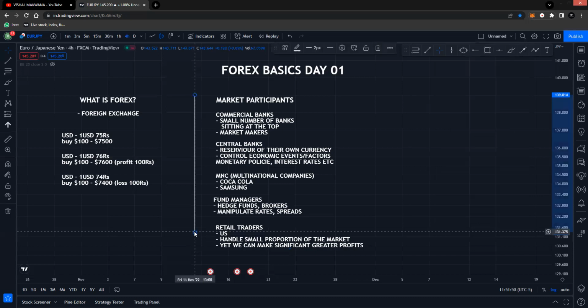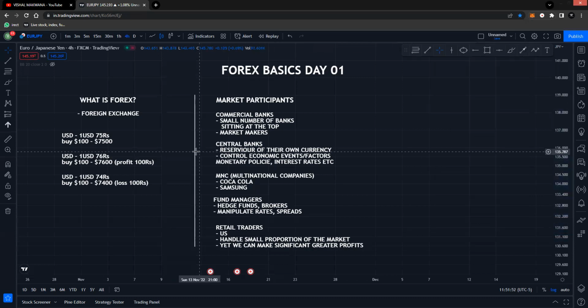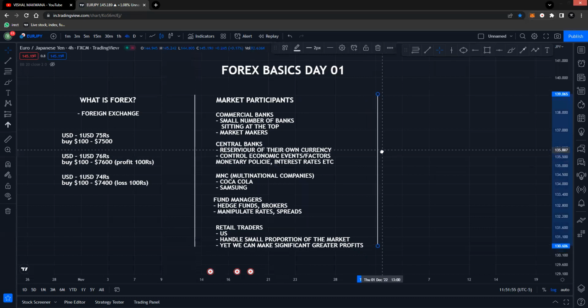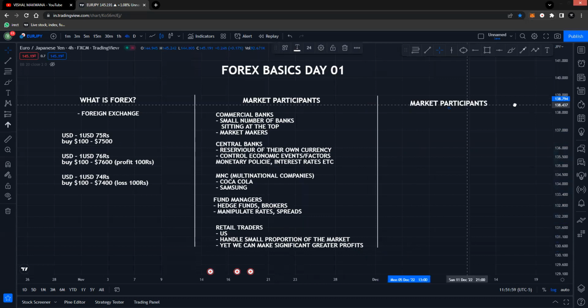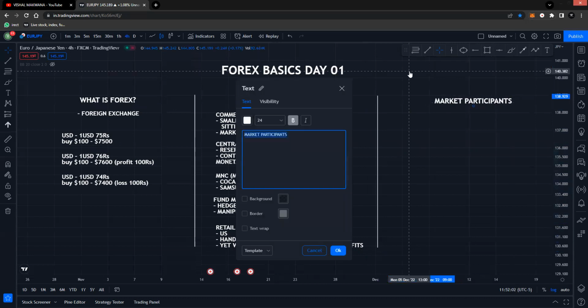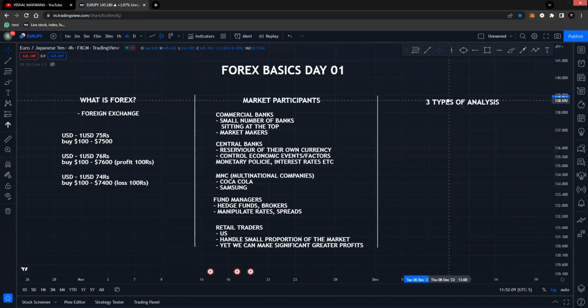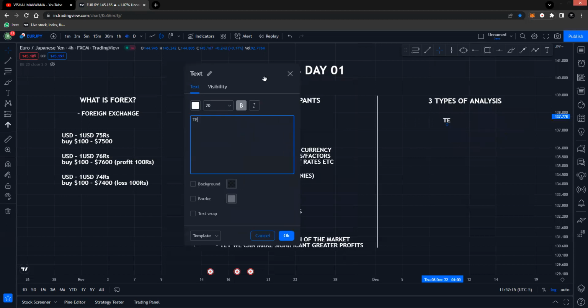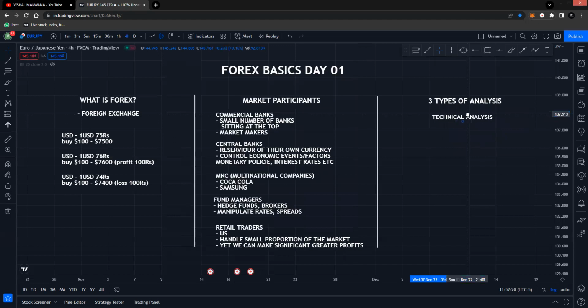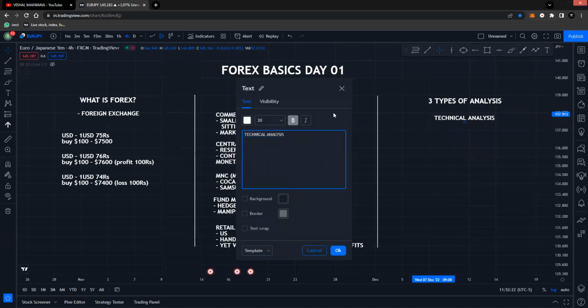Now, how can we exactly learn? What exactly do we need to learn in this foreign exchange market? So we need to learn to analyze the market. Now, there are majorly three types of analysis that we need to learn in the foreign exchange market. Now, what are those three? First one is technical analysis, right?